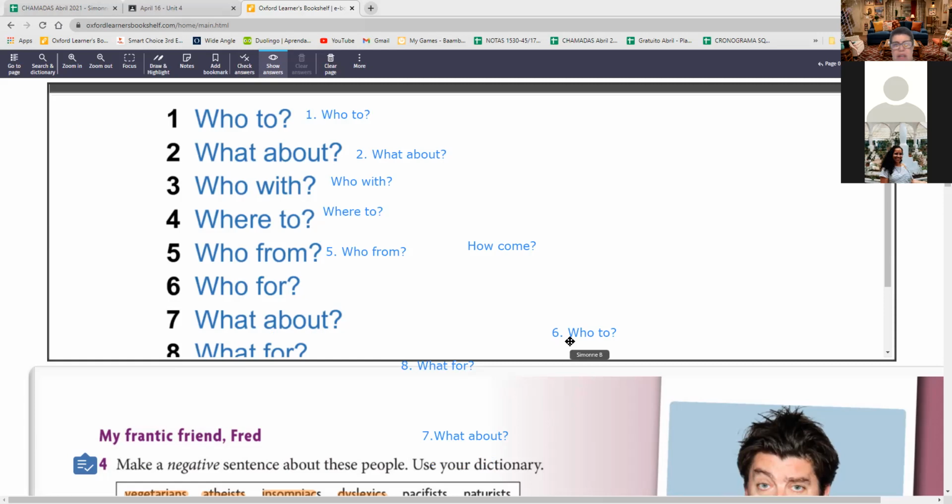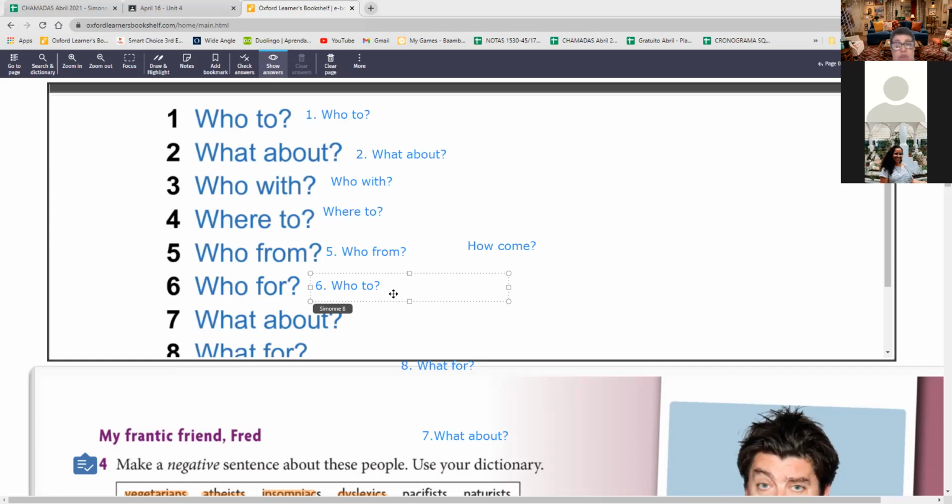Where is number 6? I put who to. But I can also say who to. It's okay. Anyway, if you want, you can change to who for, like you said. There is always this confusion when I buy something for someone or I buy something to someone, right? Sometimes we can hear people saying, oh, to you, or oh, to me. But in some cases we can also use for. So that's a little confusing.